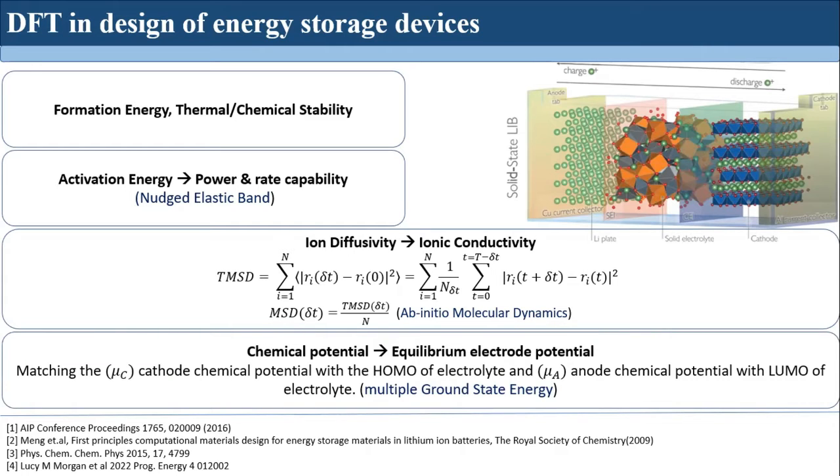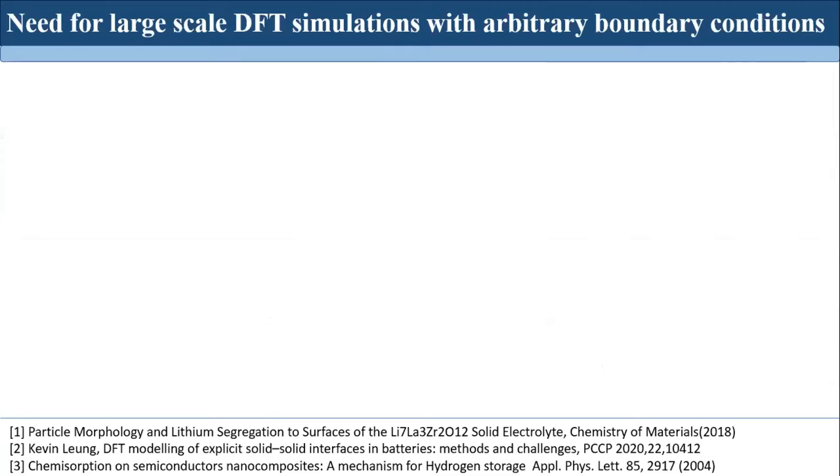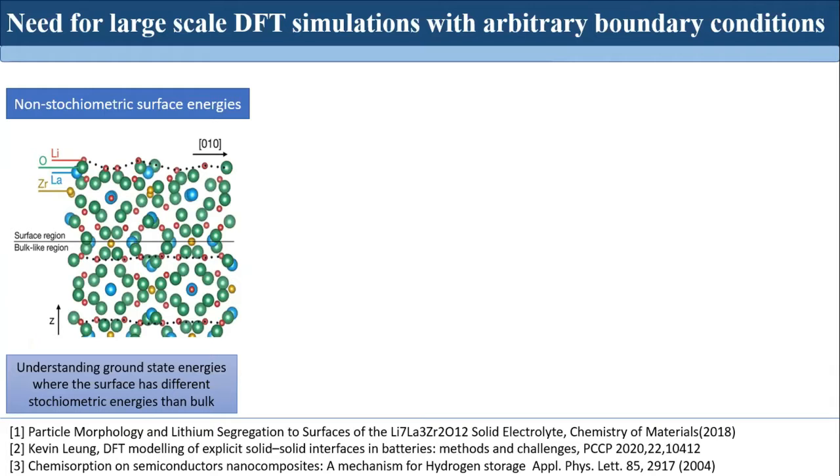However, there are certain problems that we cannot run through these high-throughput calculations because we require certain boundary conditions. So there's a need for large-scale DFT simulations with arbitrary boundary conditions. For example, we deal with non-stoichiometric surface energy. By non-stoichiometric surface energies, I mean computing the surface energies of systems where the stoichiometry of the surface is different from that of the bulk.